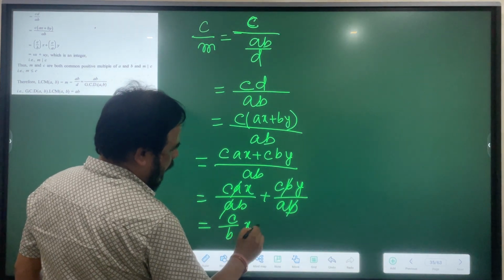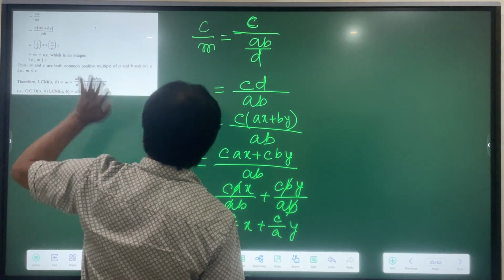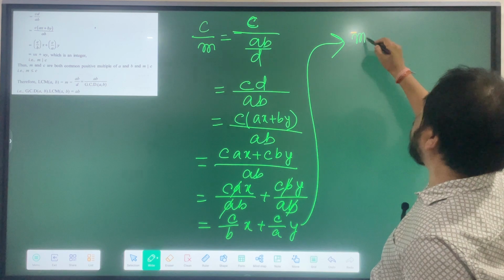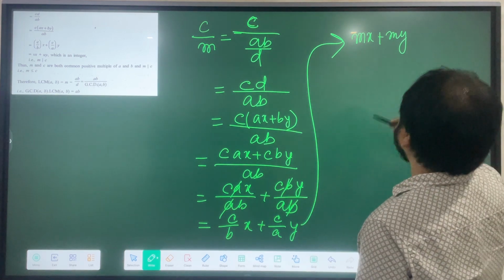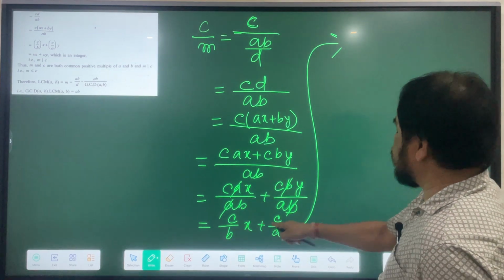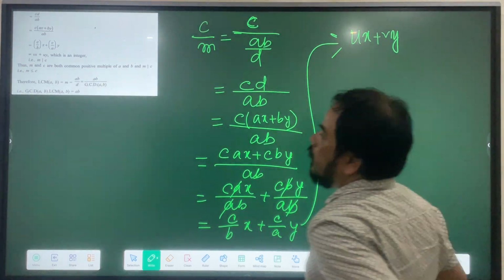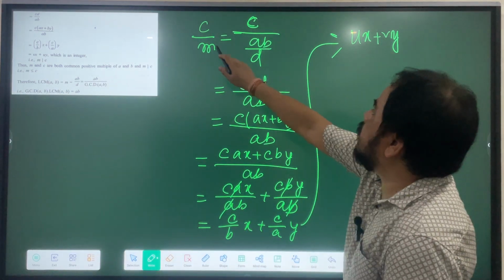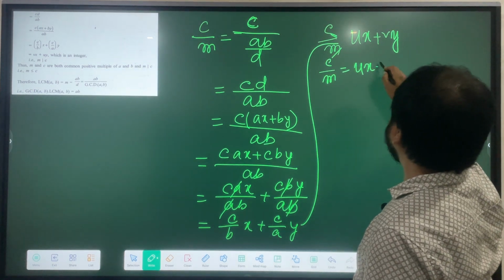C by B X, C by A Y. This we can write shortly: C by B is an integer, C by A is an integer. So UX plus VY, where U is C by B and V is C by A, which is an integer. So look here, C by M is equal to UX plus VY.